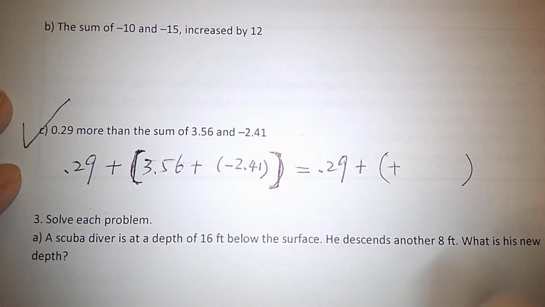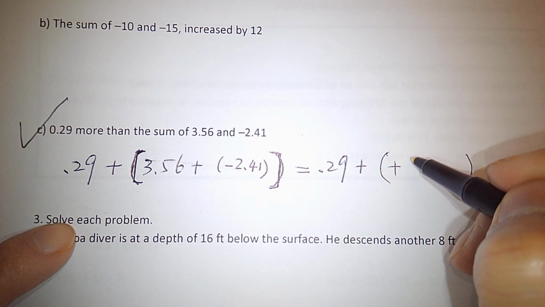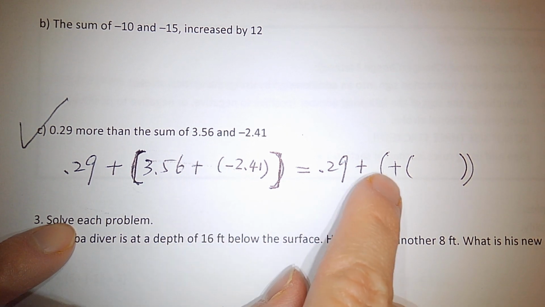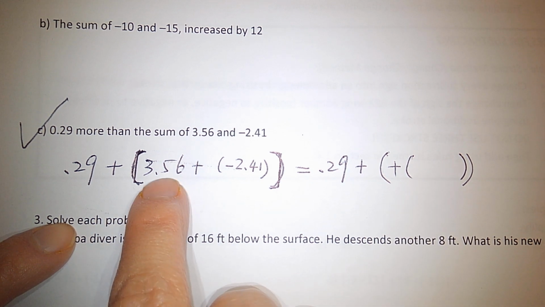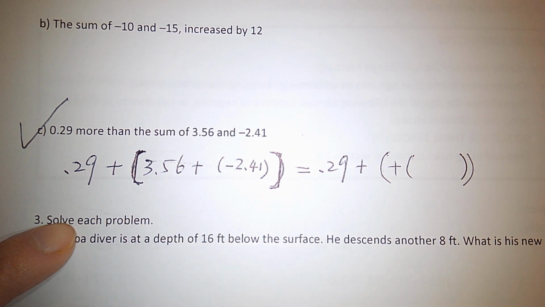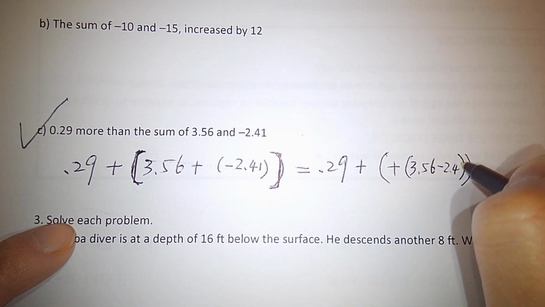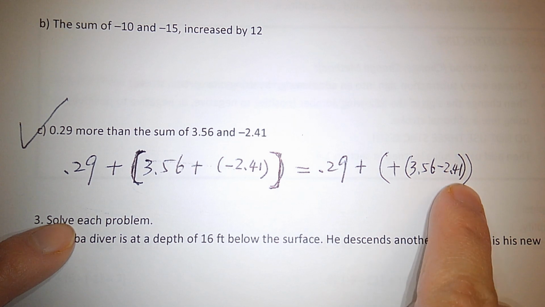And because they have different signs, we choose a positive sign for the result, and then instead of adding, we do what? Subtraction, right? Use the bigger absolute value minus the smaller absolute value. So 3.56 minus 2.41.